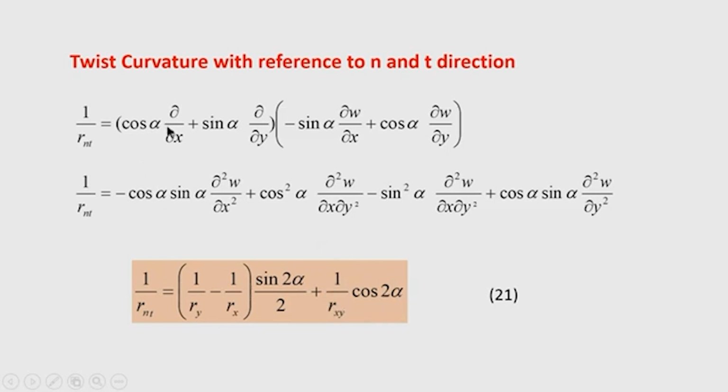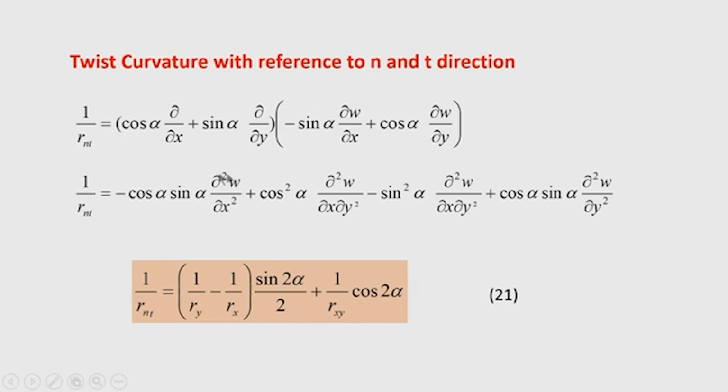This you can see, this is the operator ∂/∂n, and this is ∂w/∂t. Okay. So, we now get the twist curvature ∂²w/∂t∂n.